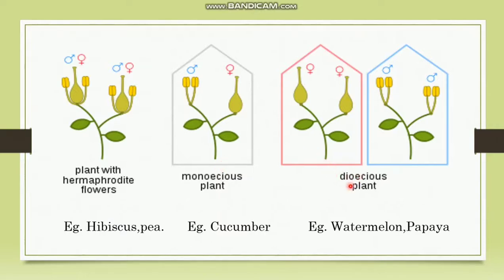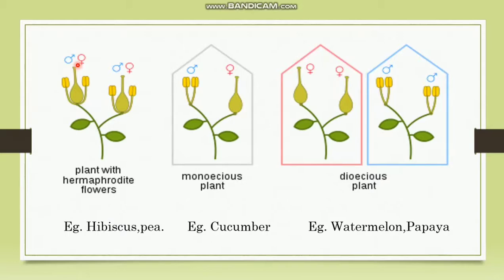And then there are dioecious plants, where the pistillate flowers are present on a separate plant and staminate flowers on another. So there are two forms: one is a male plant and the other is a female plant. Example, watermelon and papaya.